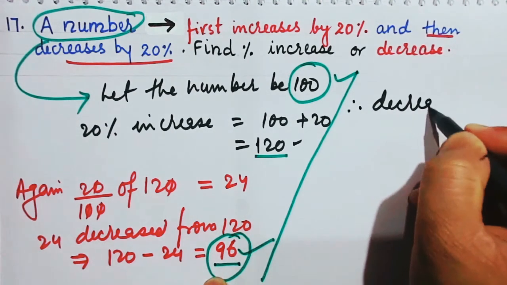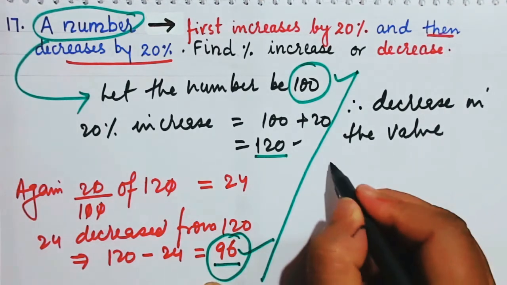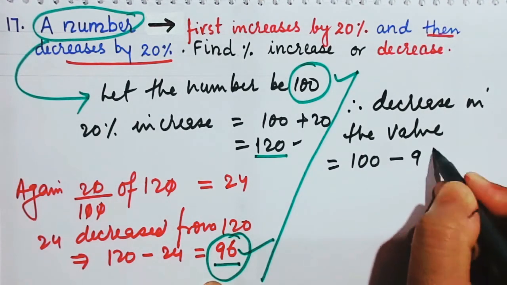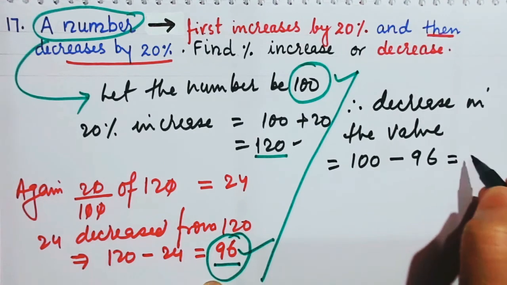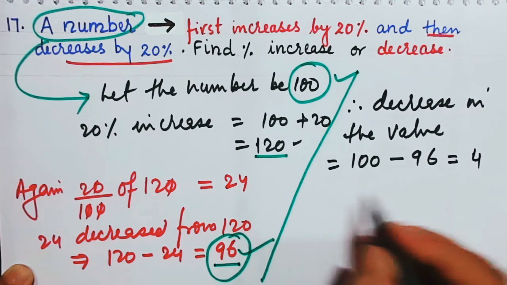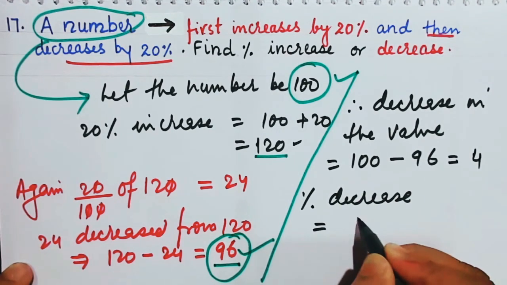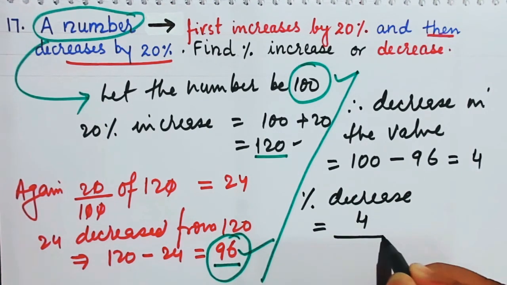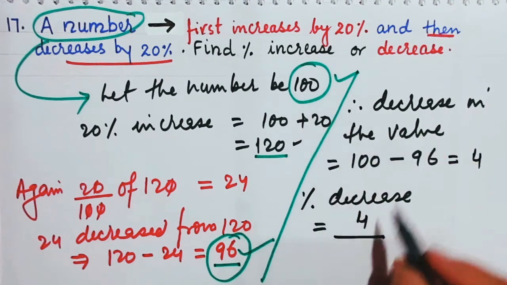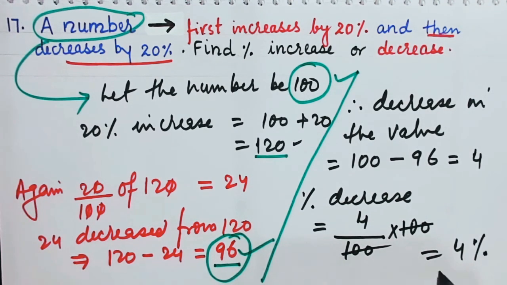Decrease in the value is equal to 100 minus 96, which is 4. Now you have to find the percentage of this. So percentage decrease will be equal to 4 by original value 100 into 100, which is 4 percent.